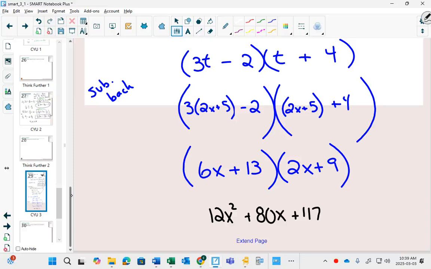12 has 1 and 12, 2 and 6, 3 and 4. 3 options, not one option. Anytime there's multiple options for that first one, factoring becomes very, very difficult.